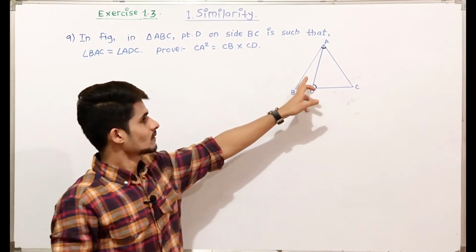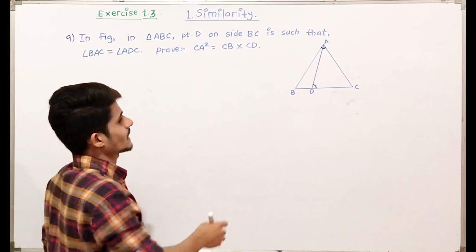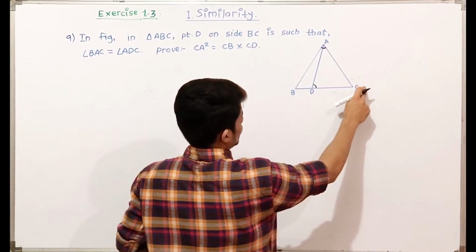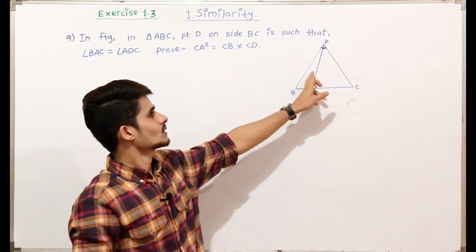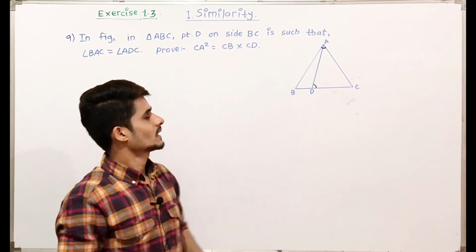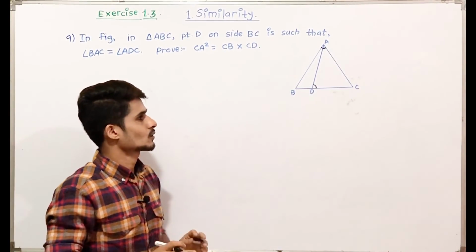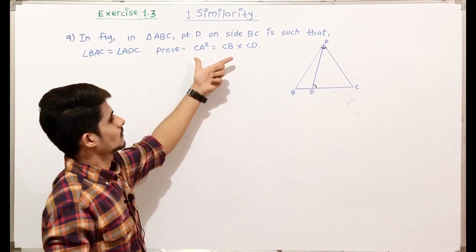So for that we'll take two triangles, that is triangle BAC and triangle ADC. We'll prove these two triangles similar, and then we'll take the corresponding sides and cross multiply, and we'll get the final value.